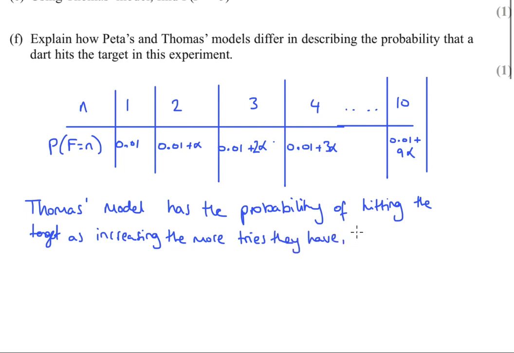Whereas Peter's model has the probability the same for every try. So that's the big difference.